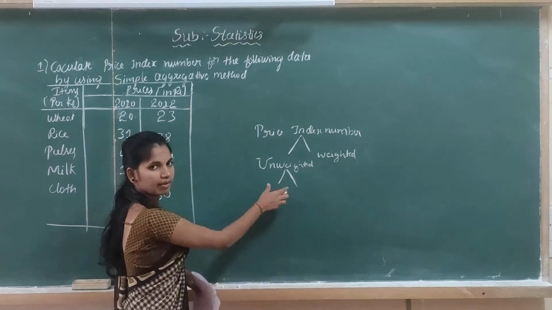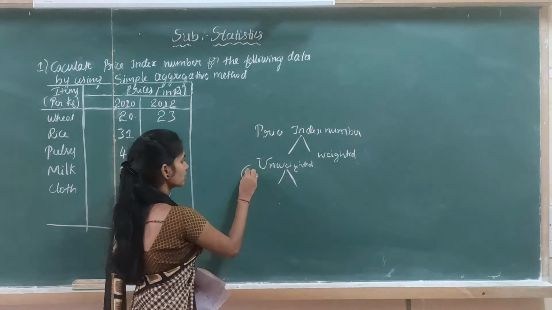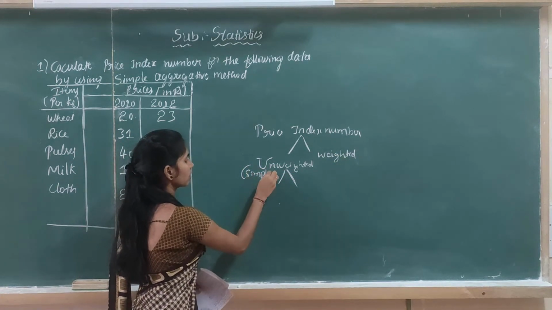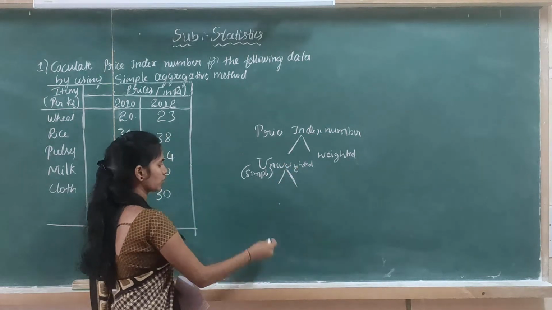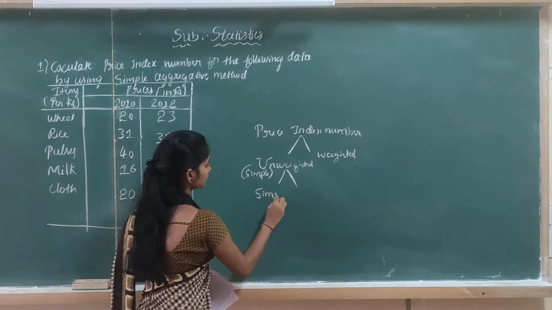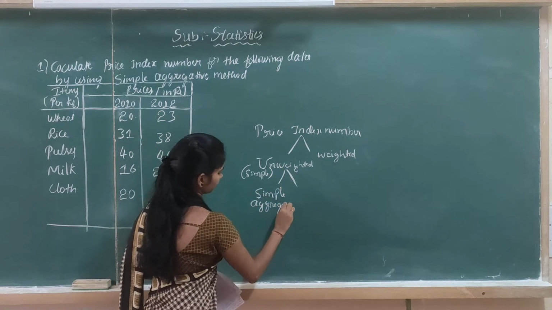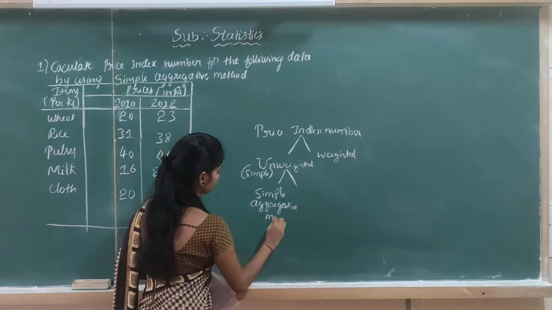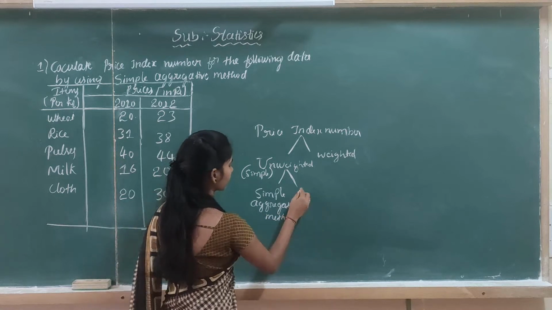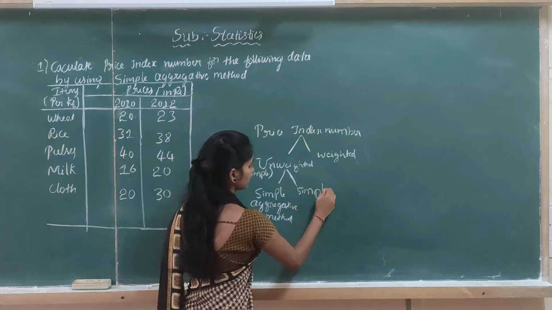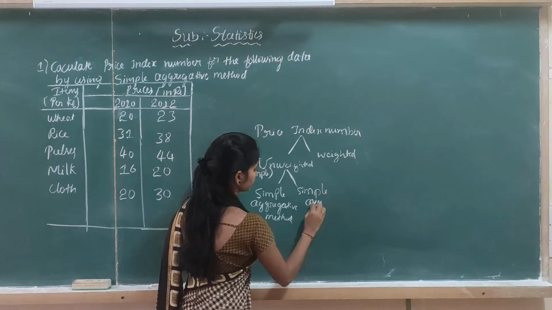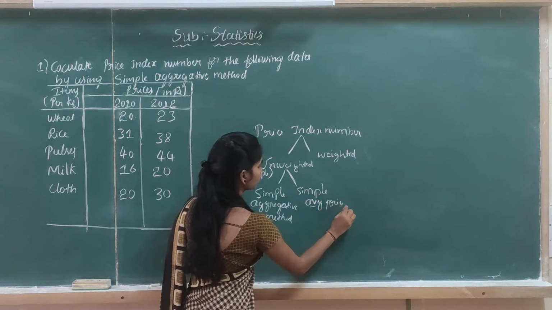The unweighted price index number is also known as the simple price index number, and it can be divided into two types: the simple aggregative method, and another one, the simple average price relative method.